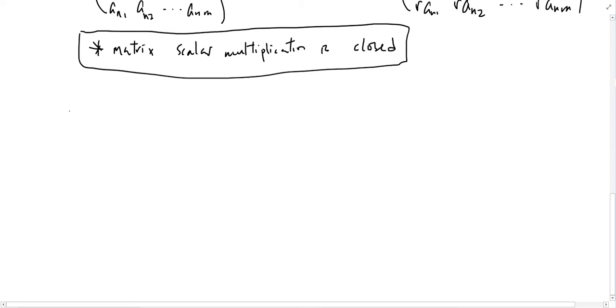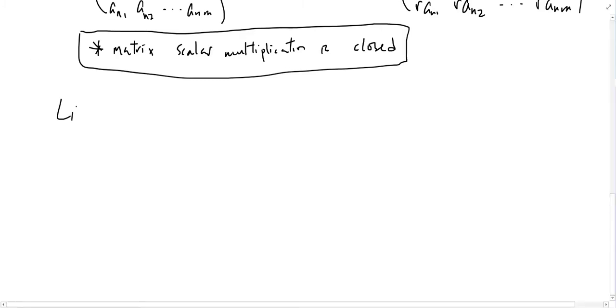The only difference here is that instead of looking at a vector, which is either a horizontal or vertical list of numbers, we are looking at a rectangular array of numbers. But the idea is exactly the same. We define the same two operations. Matrix addition mirrors the definition of vector addition, and matrix scalar multiplication mirrors vector scalar multiplication.